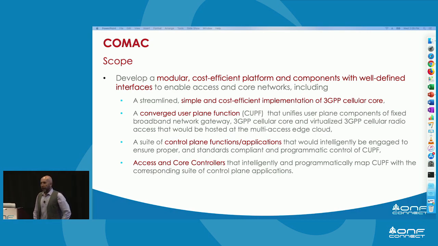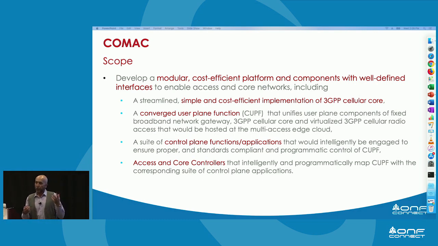So COMAC, as a project, has a scope of building a modular and cost-efficient platform and components with well-defined APIs to enable both access and core networks. Embedded in the project is a simple cost-efficient implementation of the 3GPP core, which we are realizing today with OMEC. And then a converged user plane function.